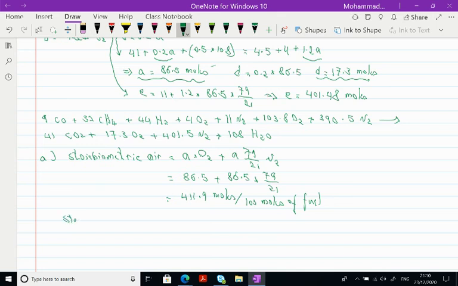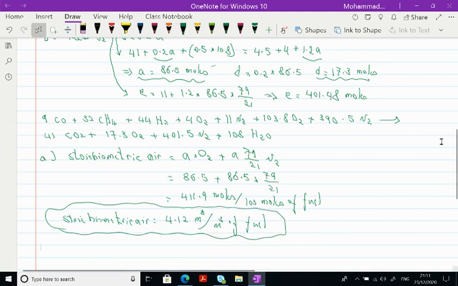So stoichiometric air, divided by 100, is going to be 4.12 meter cube of the air per 1 meter cube of the fuel. We know that the ratio of volume is the same as the ratio of the moles, so this is part A.